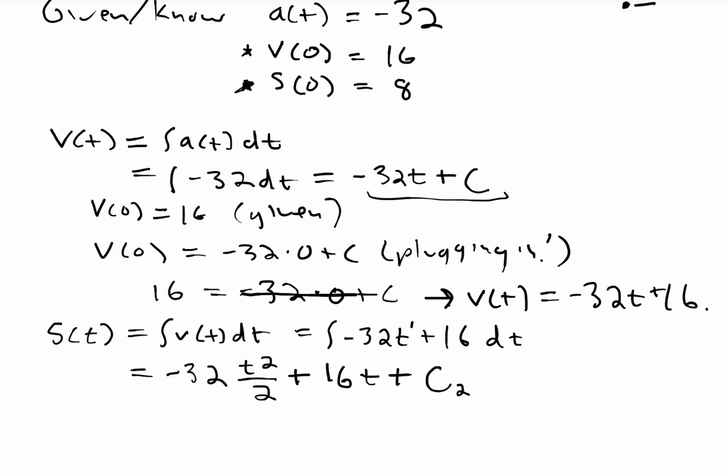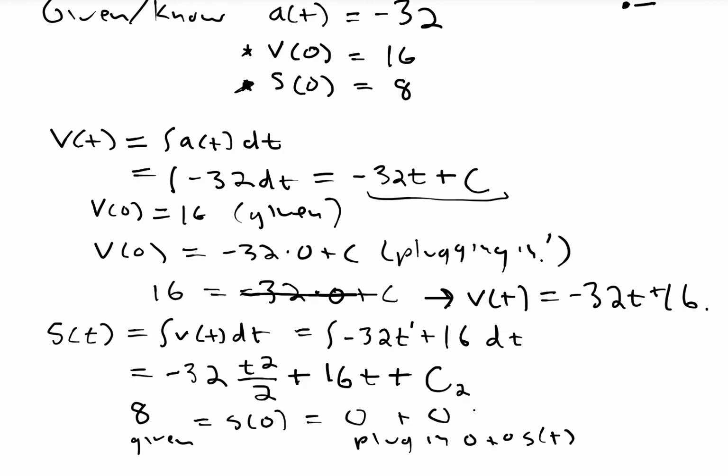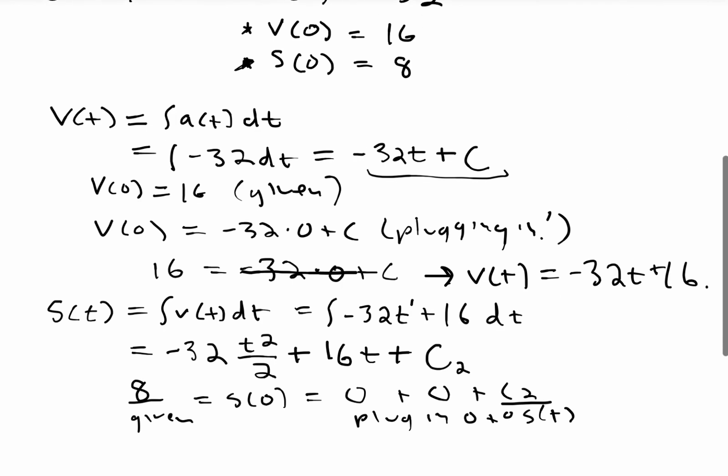So if I think about what is given as being s of 0, and this being the same thing that happens when I plug in 0 to s of t, well, that function above basically gives me 0 plus 0 plus c2 when I plug in t equals 0. So I've got a clear value back for c2. That guy has to come out to 8.